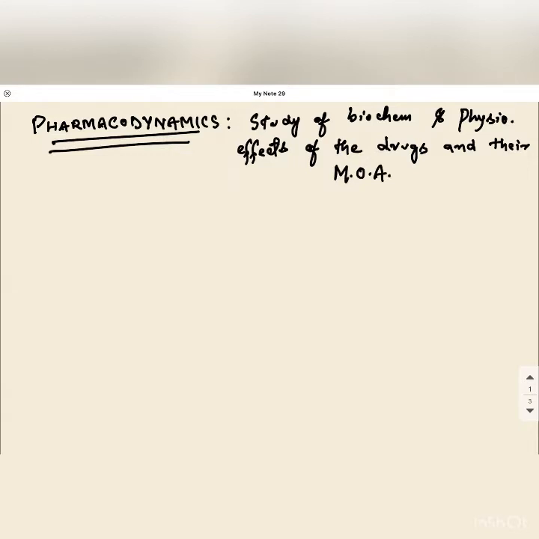Now we see this pharmacodynamics, it is the study of biochemical and physiological effects of the drugs and their mechanism of action. If we go deeper into this concept, what it basically means is what the drug does to the body.